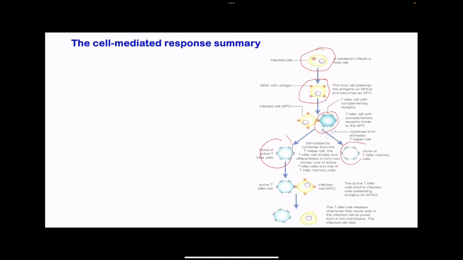The activated T killer cells are going to produce perforins, and these perforins are going to poke holes into the cell membrane, causing the uptake of water excessively, and the cells are going to burst, releasing the pathogens that are trapped inside, and so antibodies are going to label them for phagocytosis by the macrophages.